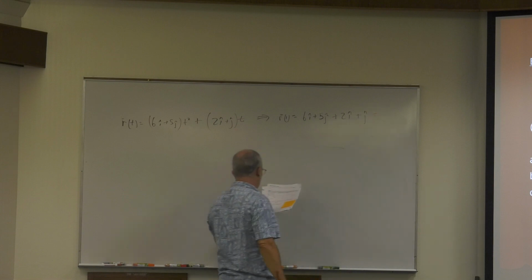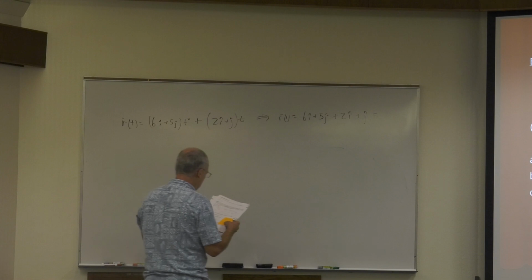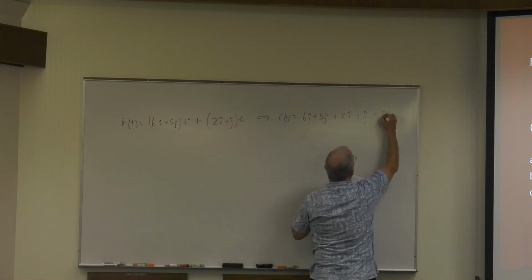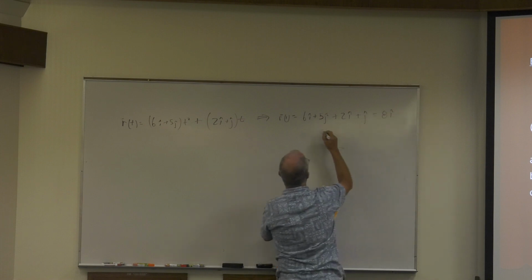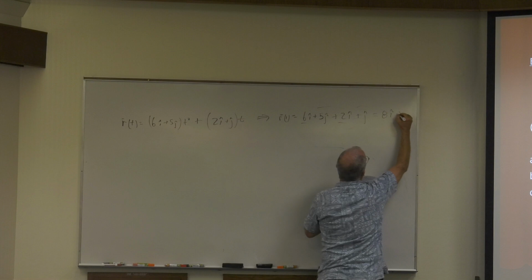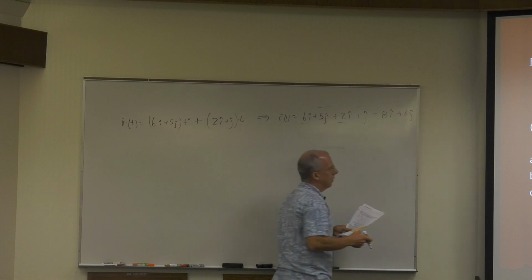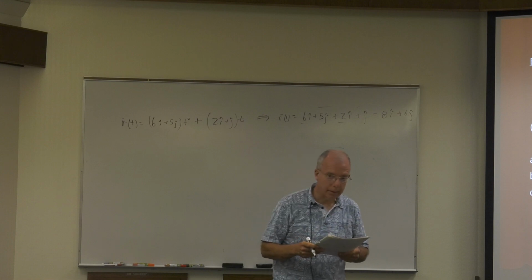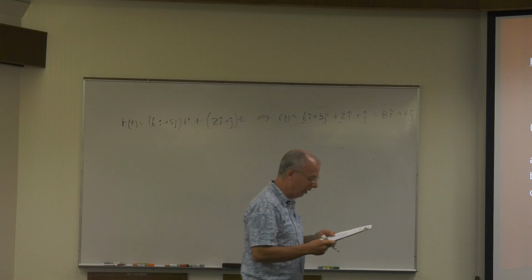And what does that equal? So you have 8I plus 6J. Okay, so that's the displacement, but the question didn't ask for that, right?